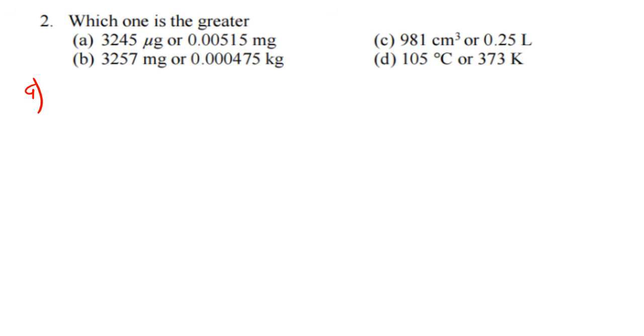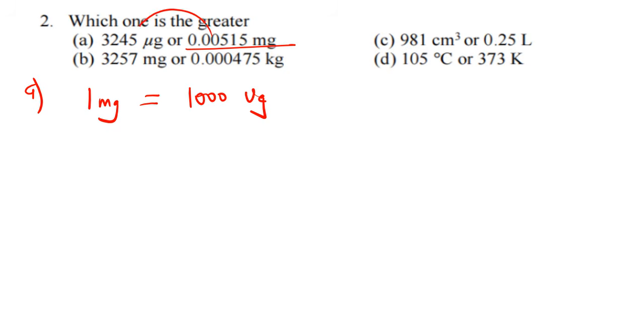So for you to be able to achieve this, you are supposed to at least convert to the same unit. So you know that 1 milligram is equivalent to about 1000 micrograms. Okay, so that is the conversion unit that you're supposed to know. Now let's convert this one to micrograms.